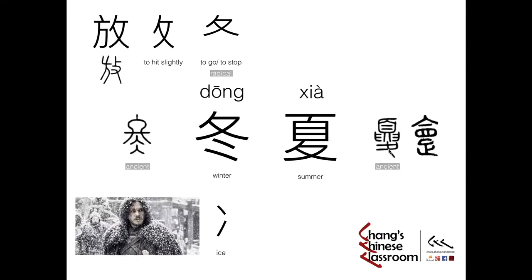After the simplification, it had been put into the category of this radical, but it actually means foot. If you know 足 as in 足球, football, foot, okay, just the foot to the leg.